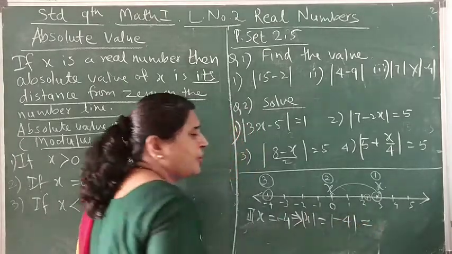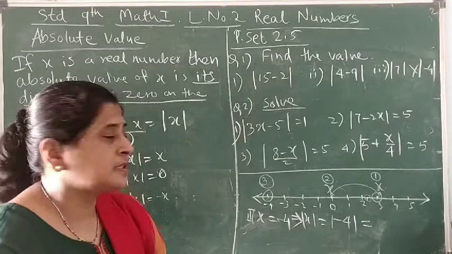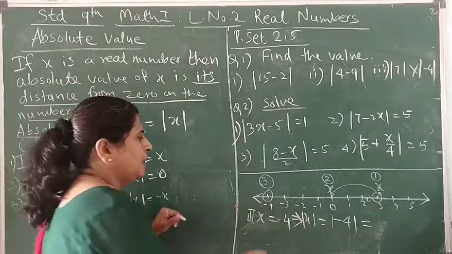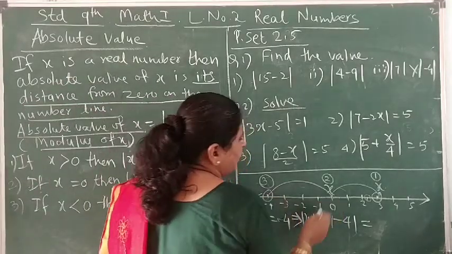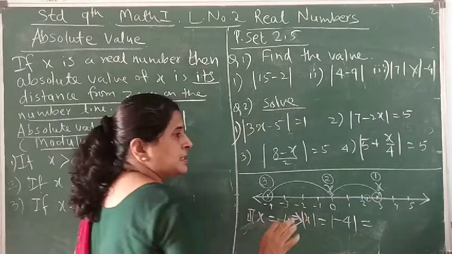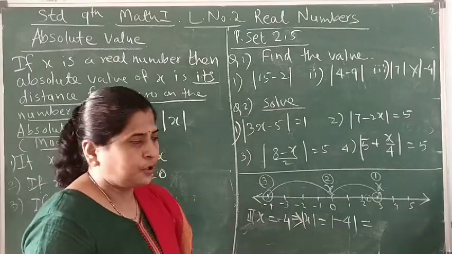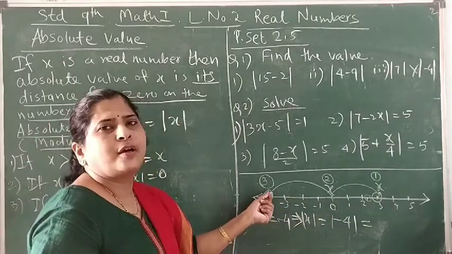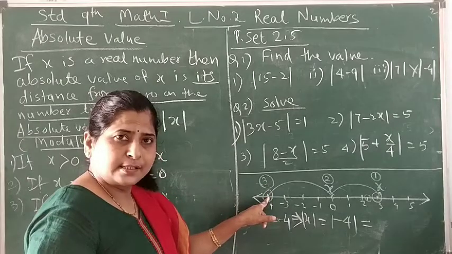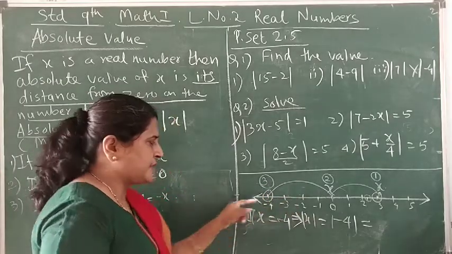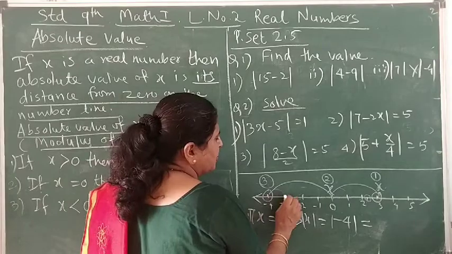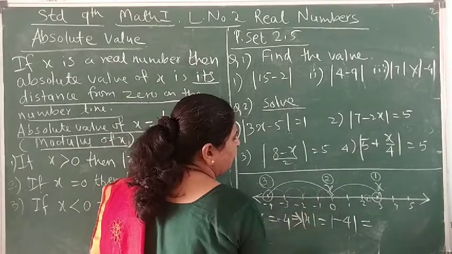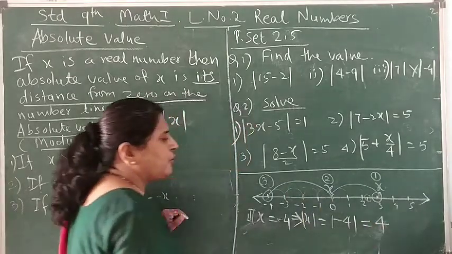Now what we have to do? We have to find the distance of minus 4 from 0. The distance between these two, 0 and minus 4, is always positive. Only the coordinate of the point is negative because it lies on the left side. But distance is always positive. It's 1, 2, 3 and 4. So what is the absolute value of minus 4?